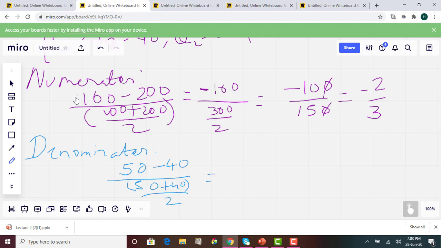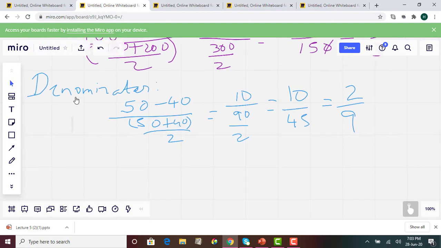So that equals 10 divided by 90 divided by 2, or 10 divided by 45, or 2 divided by 9. So the denominator is 2 divided by 9 and the numerator is minus 2 by 3.